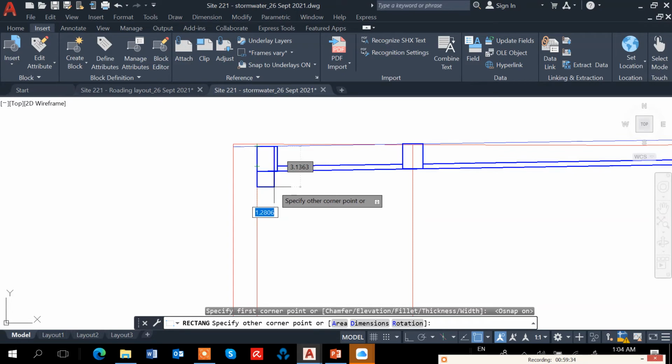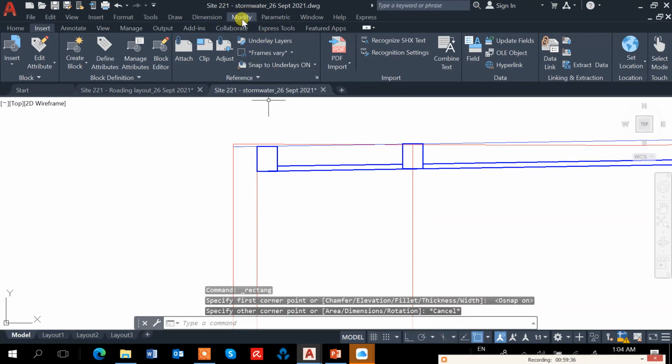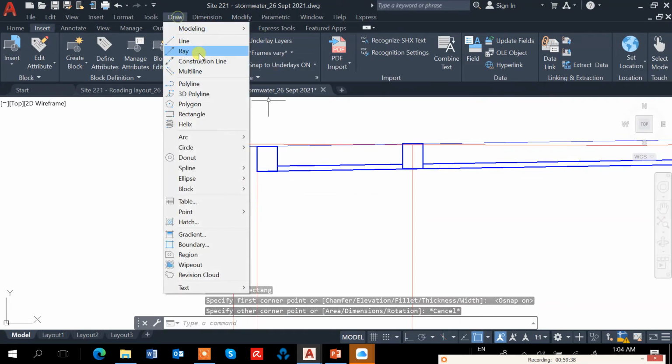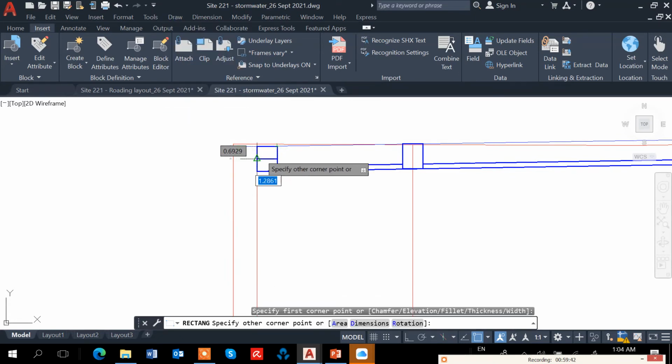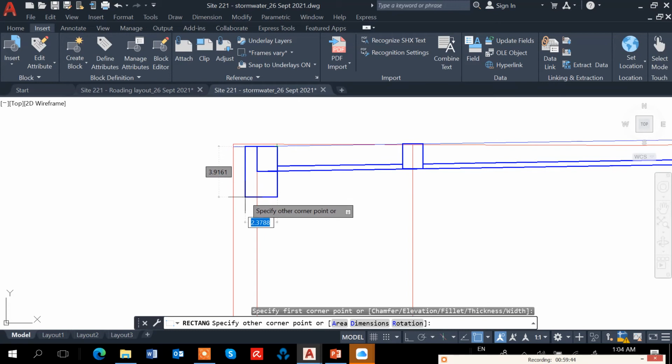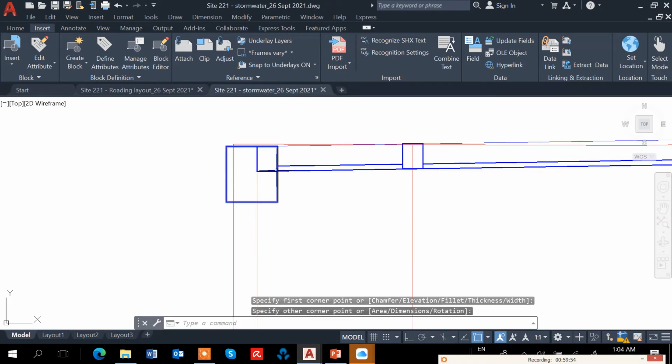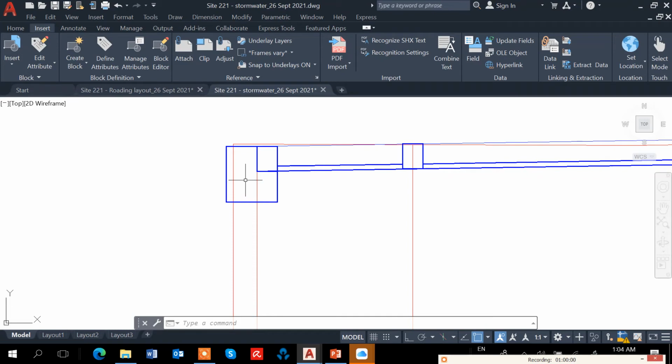This drain is quite big. Probably something like this, 900. I think 900, it's quite a big drain. So this pipe is going to go inside this big concrete drain.